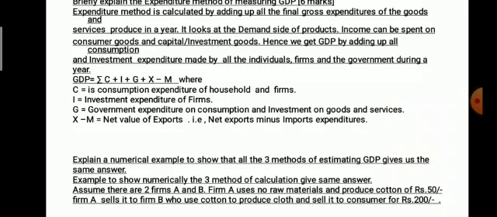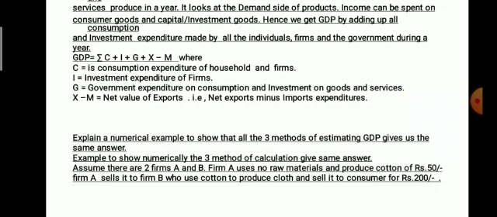Government's consumption expenditure means the government is spending, providing certain goods and services to the people of the country. And investment on goods and services means the government is making investments for the production of goods and services also. Then X minus M stands for the net value of exports, that is, exports minus imports.